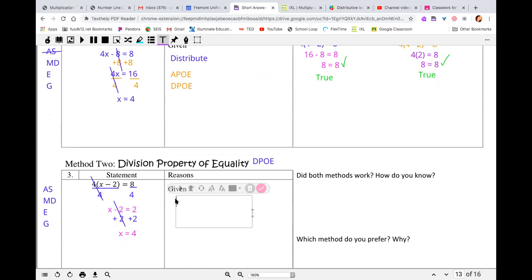So my reasons, what did we do first this time? Divide. Okay, so we did DPOE. And then what did we do after that? APOE.